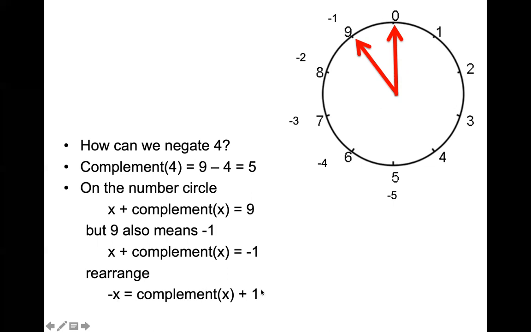So if you remember, let's go back to 4. The complement of 4 was 5. And now if we add 1 to 5, we get 6. So the number 6 is where we're going to represent minus 4. And you can see that that actually agrees with the number wheel interpretation that we had written down. And it's going to turn out that this works in all cases.